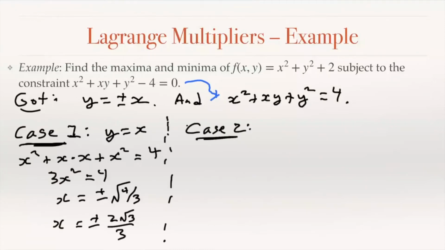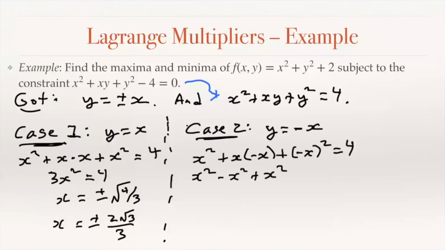Okay, and case 2 is when y is equal to negative x. In that case, plugging in, we have x squared plus x times negative x plus negative x squared is 4. Negative x squared is positive x squared, and we have that x squared is equal to 4, so x is plus or minus 2.